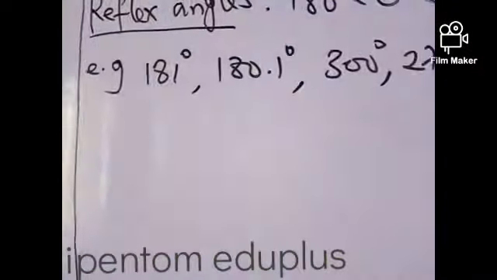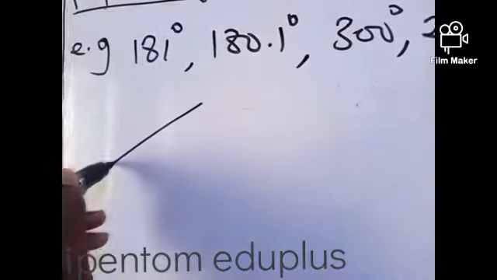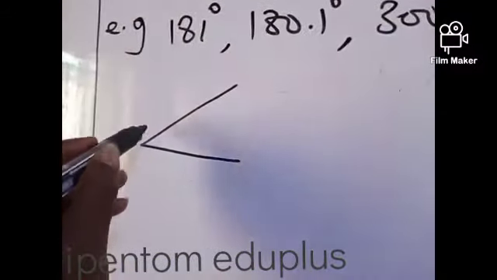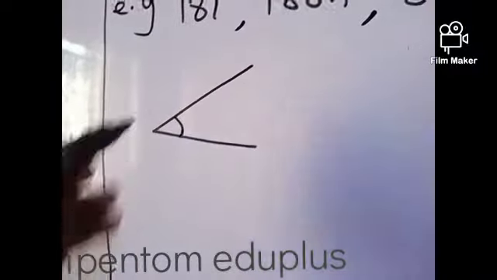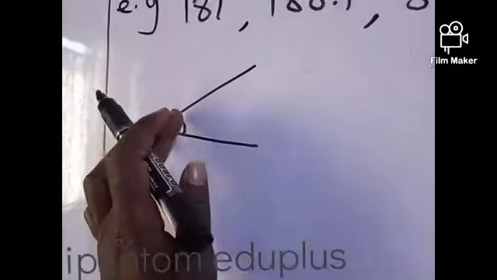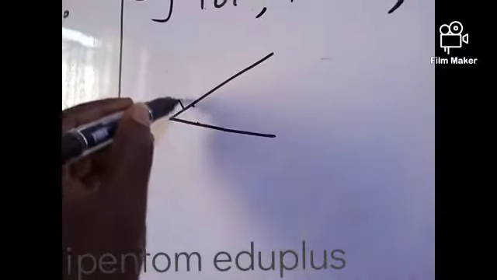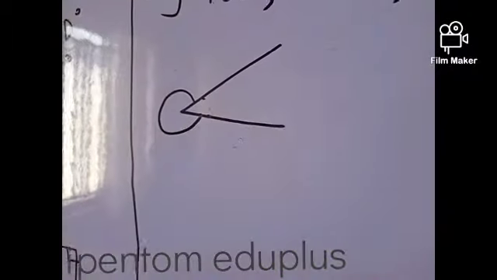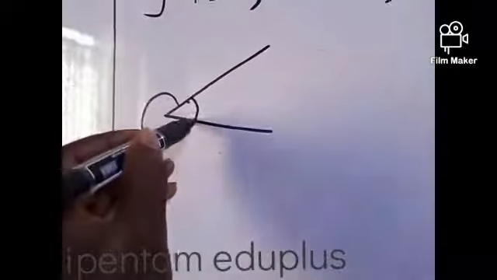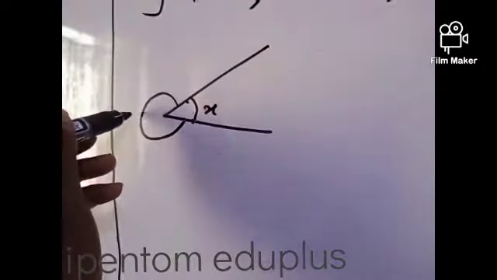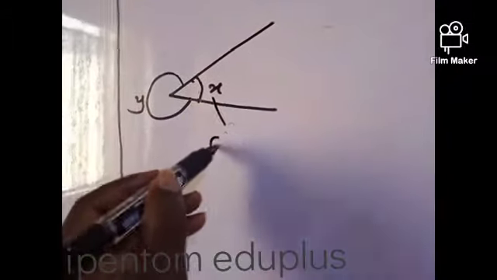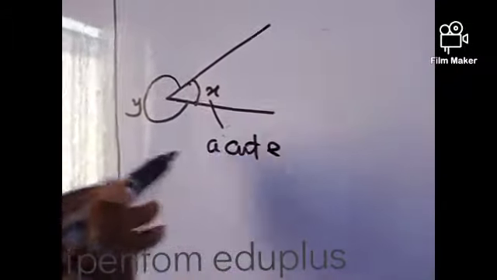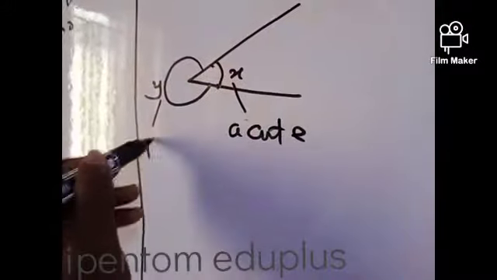Then to represent it, when you have an acute angle, if you mark the inside, that gives us acute. But when you mark the back, we have reflex. For example, if I have X here and Y here, angle X is acute, then angle Y is reflex.